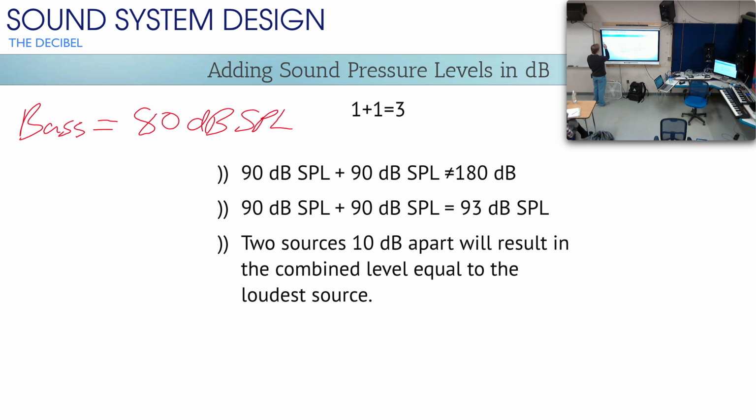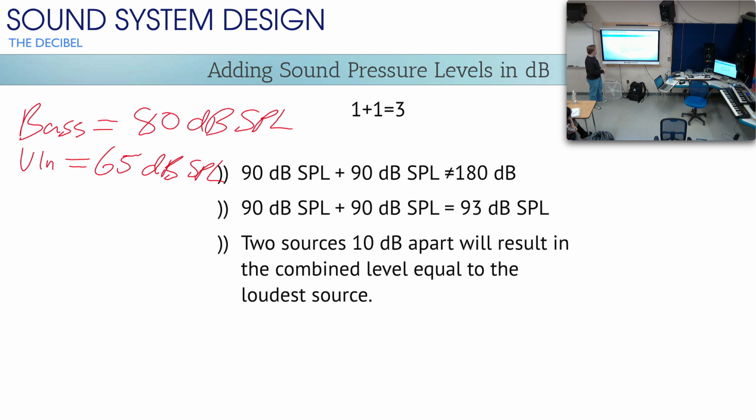And let's say that a violin is going to give you something like 65 dB SPL at 1 meter, just on average. There's a 15 dB difference between them. So you've got one bass and one violin, and you can't hear the violin. So you say, all right, I need more violins.